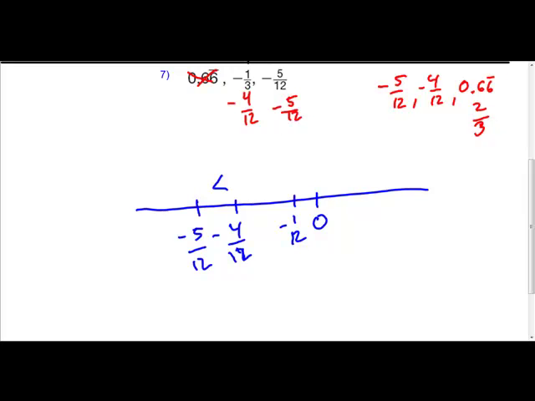And 2/3, I can convert that into 12. 3 times 4 is 12. So my magic 1 is 4 over 4. 2 times 4 is 8. So I can say this here is 8/12. So I have negative 5/12, negative 4/12, and 8/12 from least all the way to the greatest.